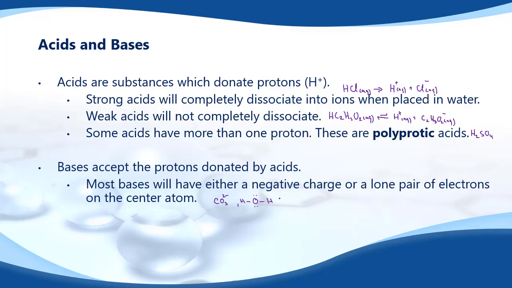So it can actually do both. It's what's called an amphoteric compound. Okay, so acids donate, bases accept. Strong means that it completely breaks up. Weak means that it only partially breaks up. Strong and weak has nothing to do with concentration. It's about what percentage of it will break up when you actually dissolve it.